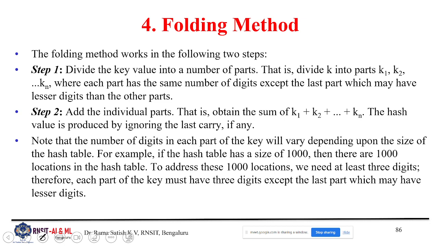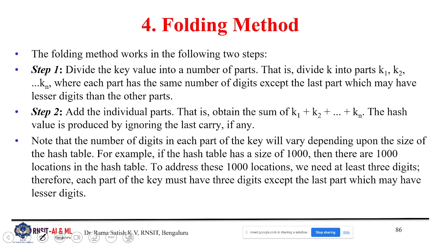So what you do is add all these individual parts, that is, obtain the sum of k1, k2, k3, k4 to kn. The hash value is obtained by ignoring the carry value. So that is folding. Usually note that the number of digits in each part of the key varies depending upon the size of the hash table.